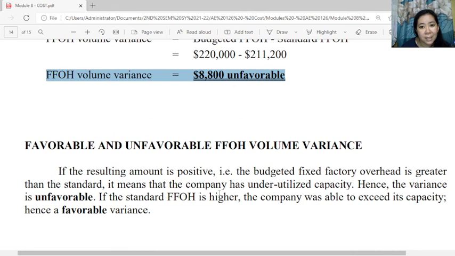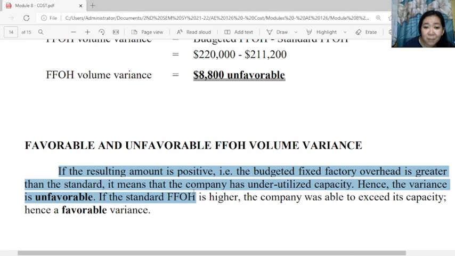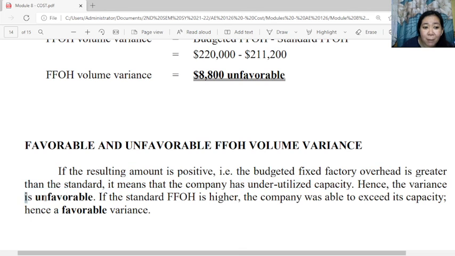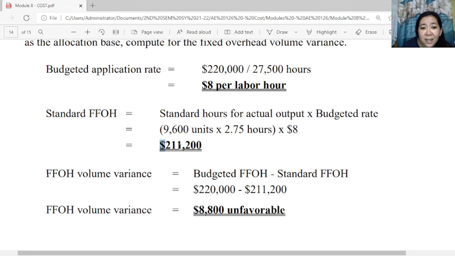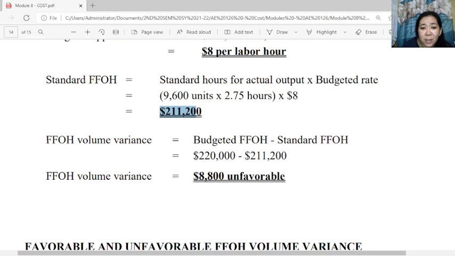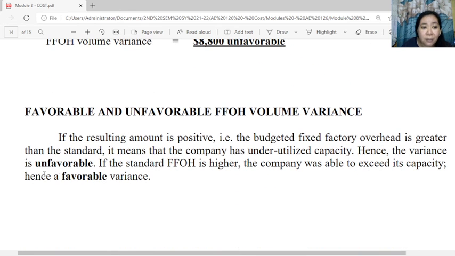Why is this unfavorable? If the resulting amount is positive, meaning the budgeted fixed factory overhead is greater than the standard, it means the company has underutilized its capacity. In this case, our standard is 211,200, but the budget is 220,000. So it's underutilized. That's why the variance is considered unfavorable.